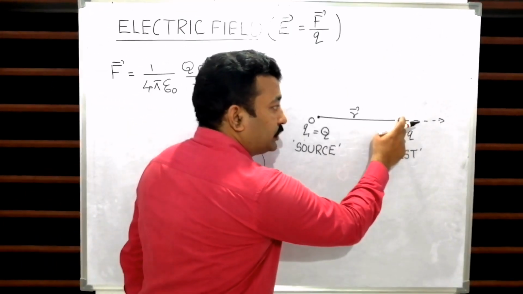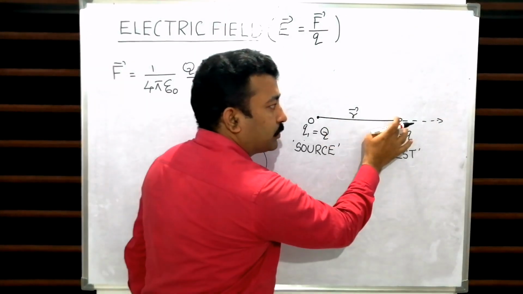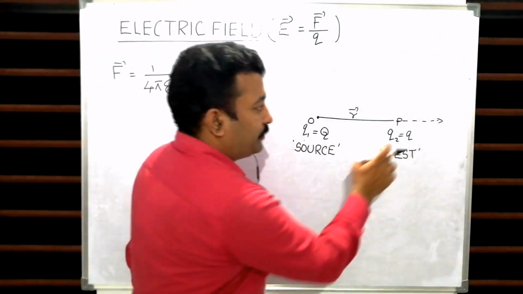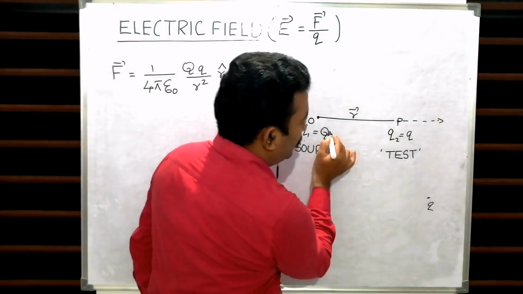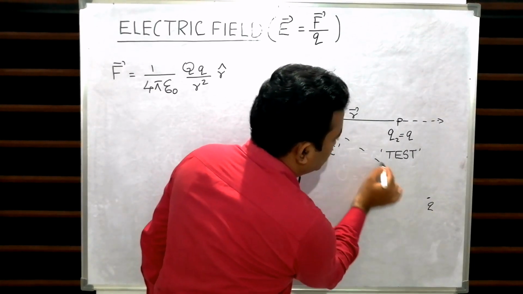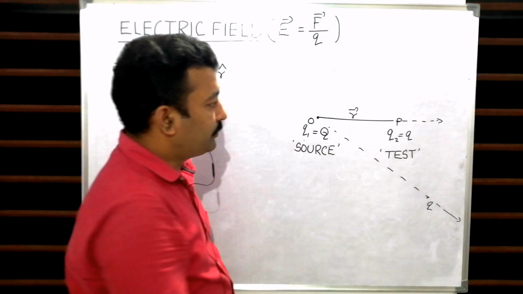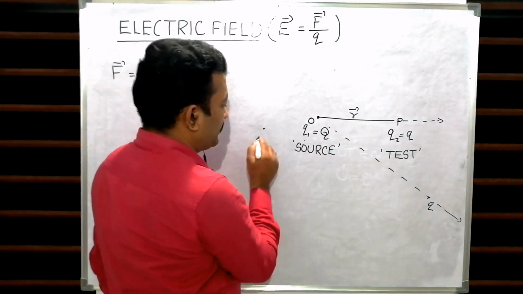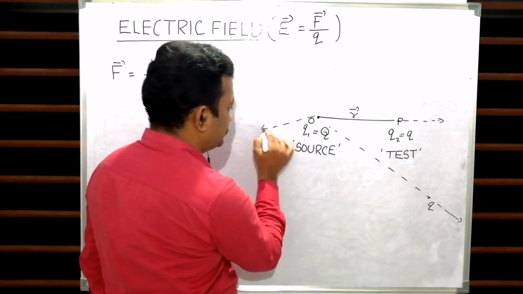Because if I'm bringing a charge q here, it is experiencing a repulsive force. That means this point has got something from this Q. If I place that q somewhere over here, then also it will experience a repulsive force, correct? If I bring it slightly closer to this, somewhere over here, then also it will be experiencing something like this.